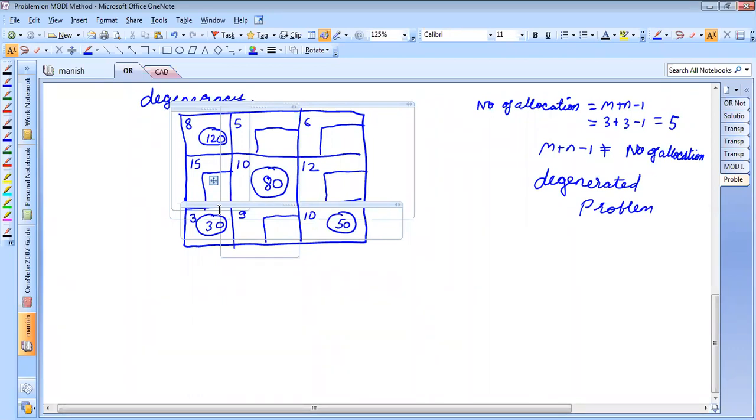Jagdish, can you unmute yourself? 302. Okay. 317, Madhu. 317, Madhu. 317, Madhu.